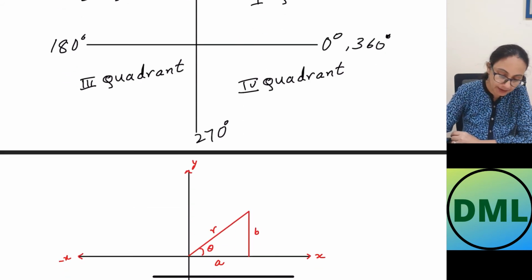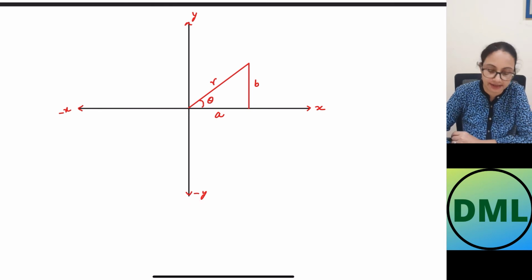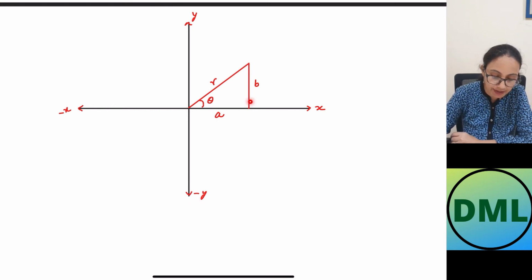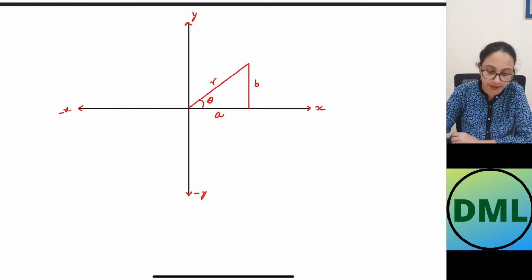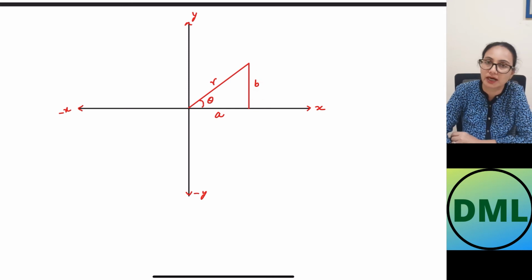So let's see that. This is our 4 quadrants. This is the positive x-axis, negative x-axis, positive y-axis and the negative y-axis. And I drew a 90 degree right angle triangle in the first quadrant. Because this is the positive direction of the x-axis and this is the positive direction of the y-axis, suppose this unit is A and this unit is B. Both are positive.